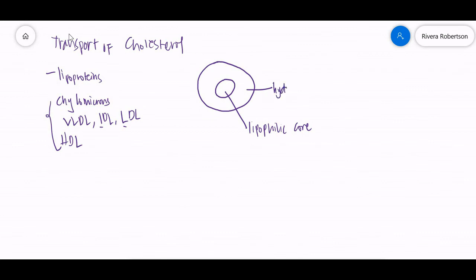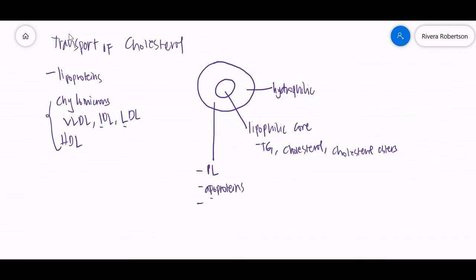Now, the lipophilic core contains your triglycerides and your cholesterol esters, whereas your hydrophilic outer component contains your phospholipids, your apoproteins, and free cholesterol.